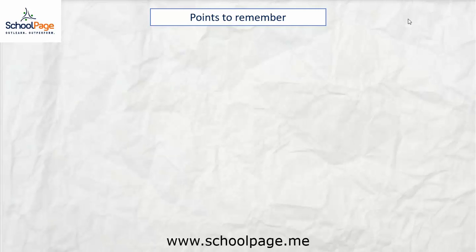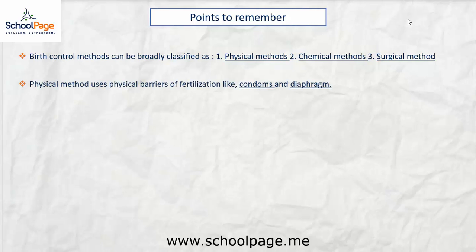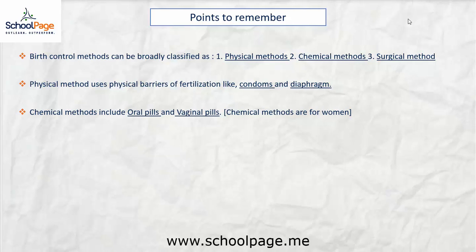Now let us recall the important points. Birth control methods can be broadly classified into physical methods, chemical methods and surgical methods. Physical method uses physical barriers of fertilization like condoms and diaphragm, whereas chemical methods use pills. There are two types of pills, oral pills and vaginal pills. Surgical methods include IUCD, which is intrauterine contraceptive device, also called copper T, vasectomy and tubectomy.